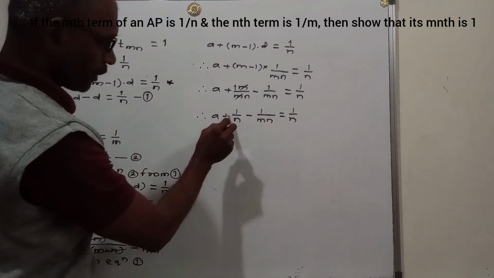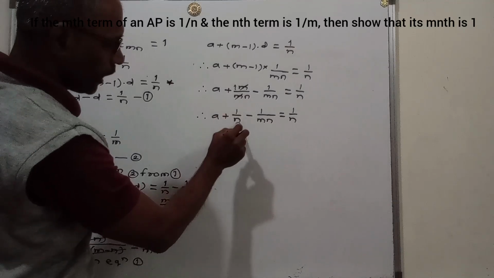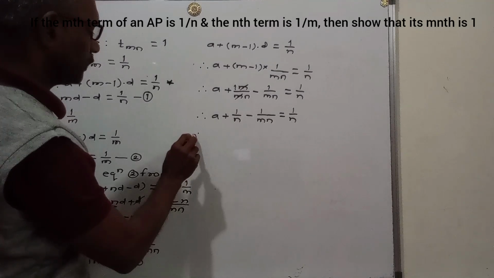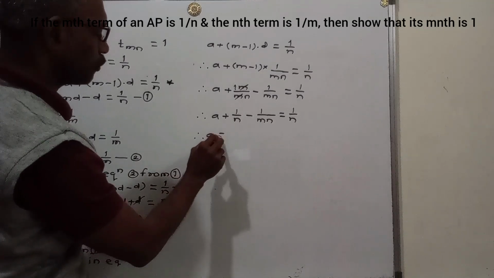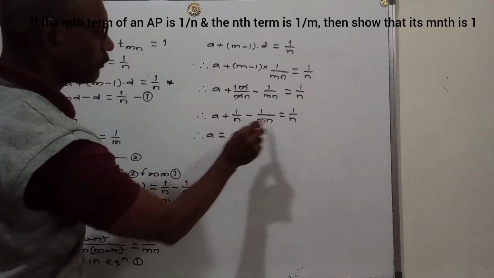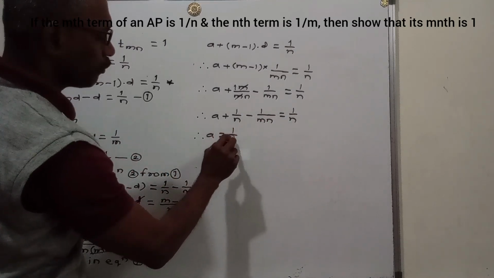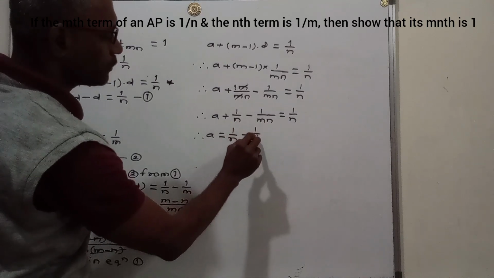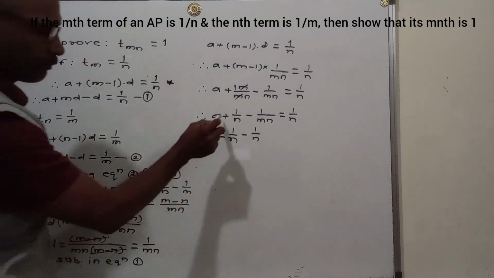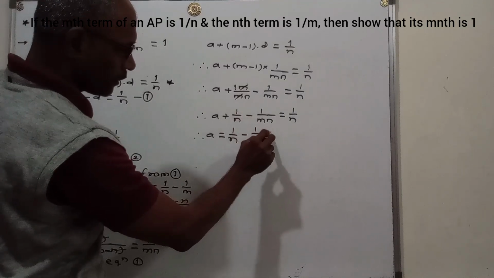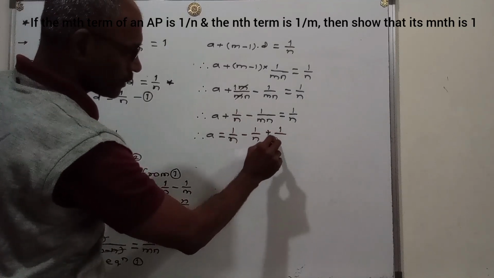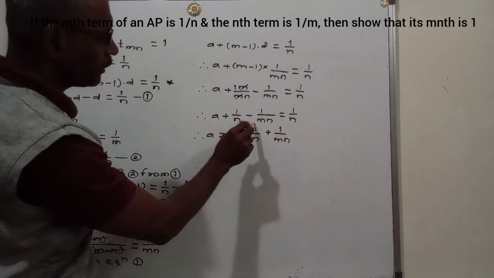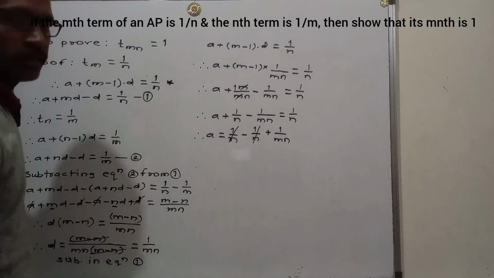Now see this, plus 1 upon n and minus 1 upon mn we take to the right side. Therefore, a is equal to, first we write this 1 upon n. We take this plus to the right side, it becomes minus, and minus becomes plus. Did you get it? Now plus 1 upon n minus 1 upon n cancelled.